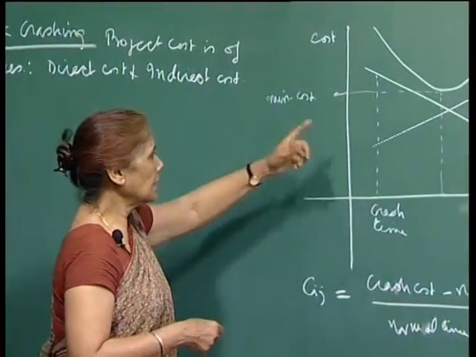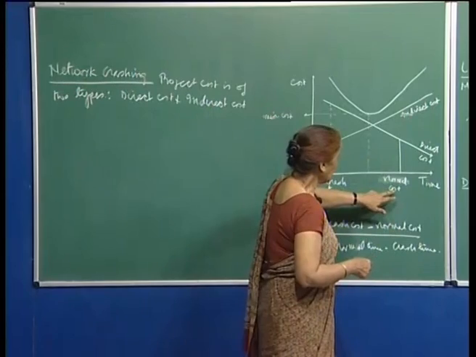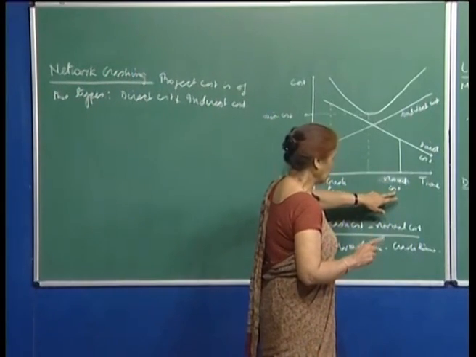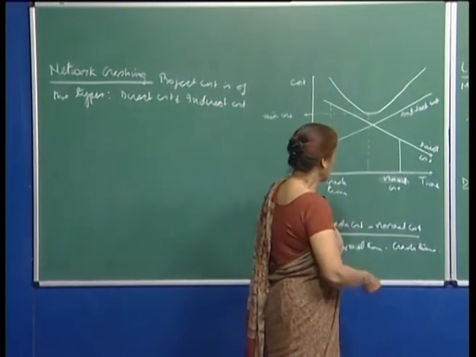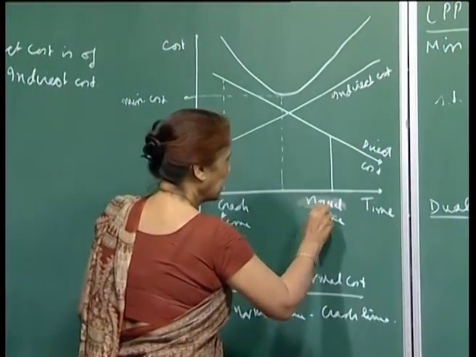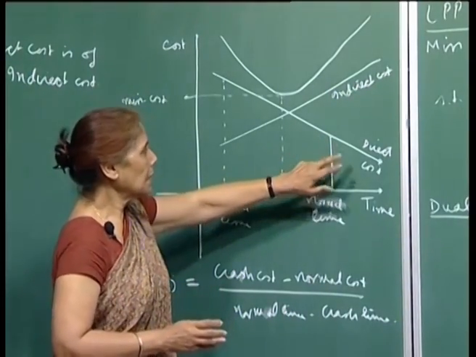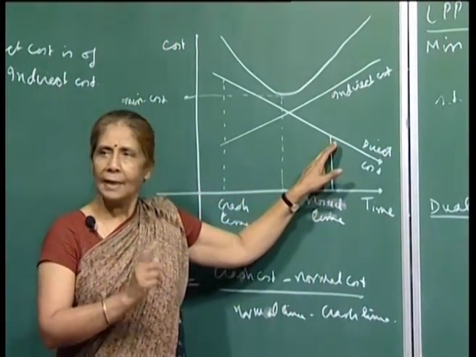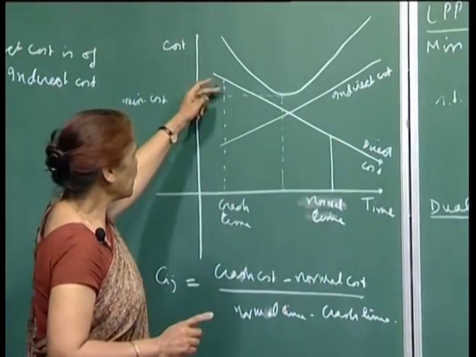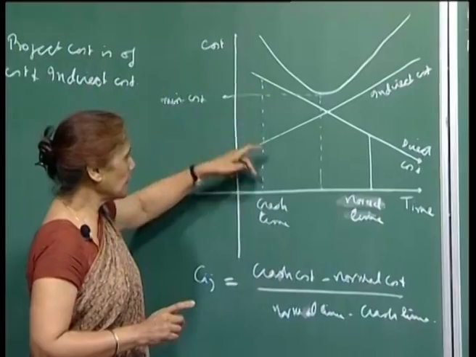And the idea here is that, if an activity takes place at its normal time, sorry, this is not cost, this is normal time. If an activity gets completed in its normal time, then the direct cost would not be as high compared to the cost when it actually gets completed during its crash time.